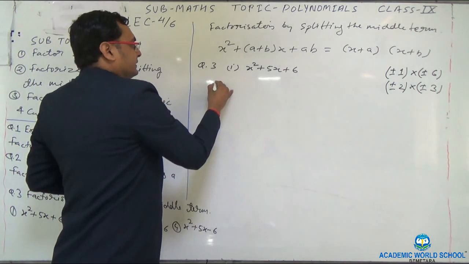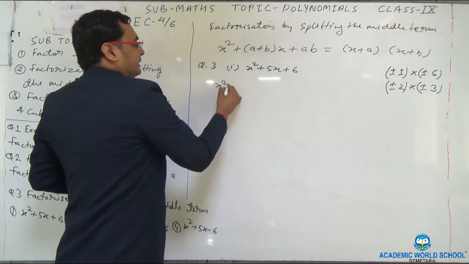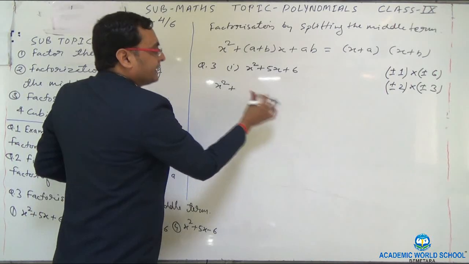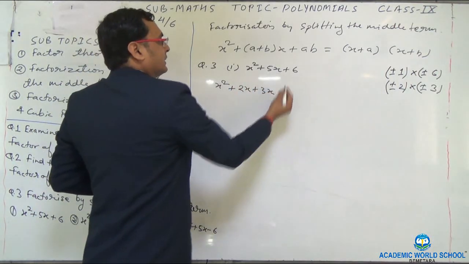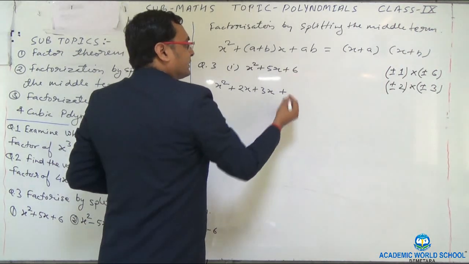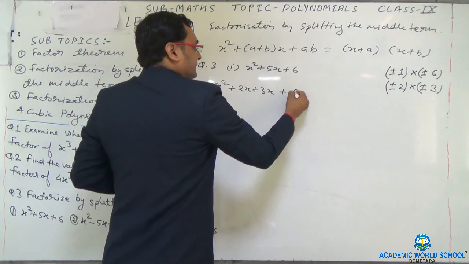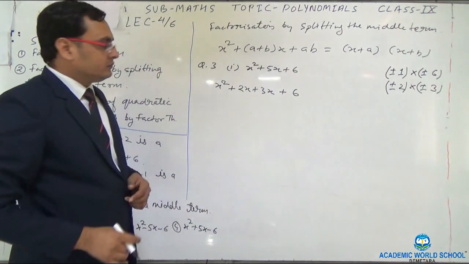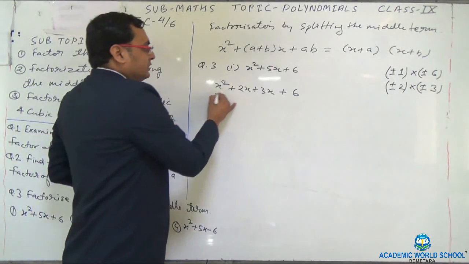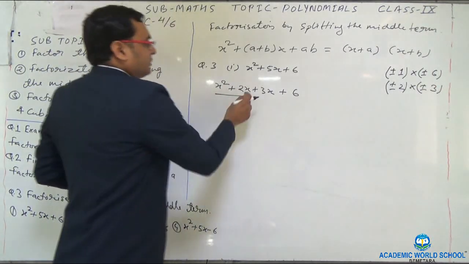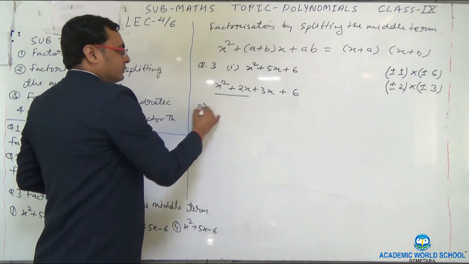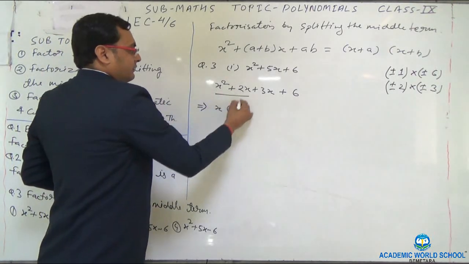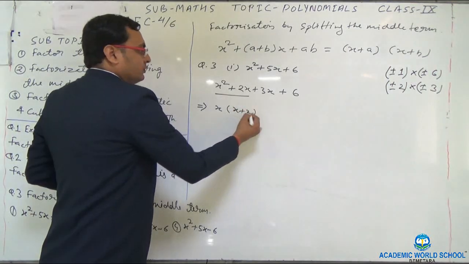So, factorize this x square. This 5x is split in two parts, 2x and 3x, and this 6 you can write as 6 here. Now, from these two terms, we can take x common. So, we are left with x plus 2.